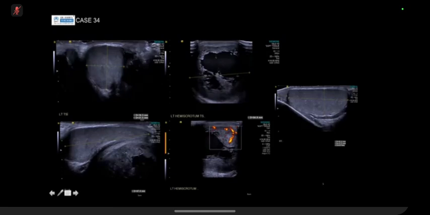In the hemiscrotum, the testicle appears normal. However, within the scrotum, it looks like there appears a hypoechoic area, anechoic area. This could be a hydrocele. Sorry, a hernia, a congenital hernia, funicular hernia.